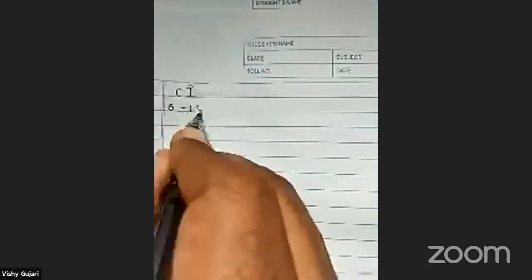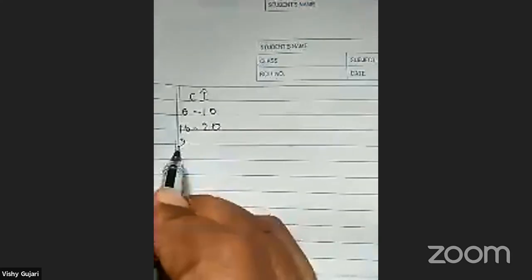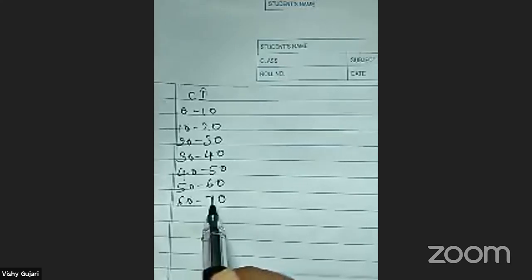CI: 0 to 10, 10 to 20, 20 to 30, 30 to 40, 40 to 50, 50 to 60. 50 to 60 is the last.